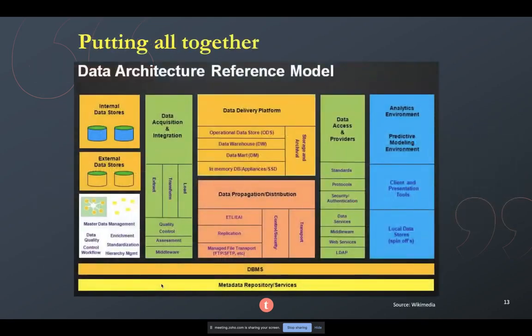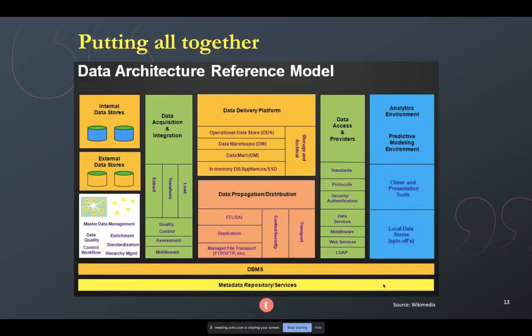Now, this is one of many reference architectures that you can find on the internet. Here, I placed one taken from Wikimedia. I also invite you to find other reference architectures on the web.